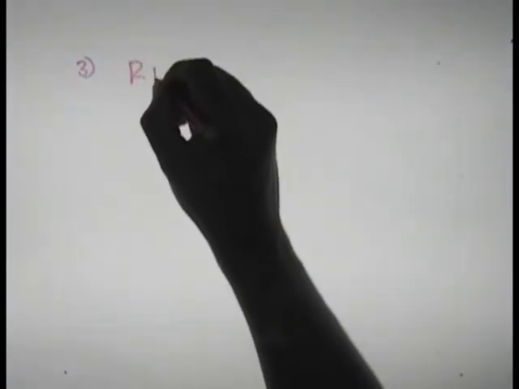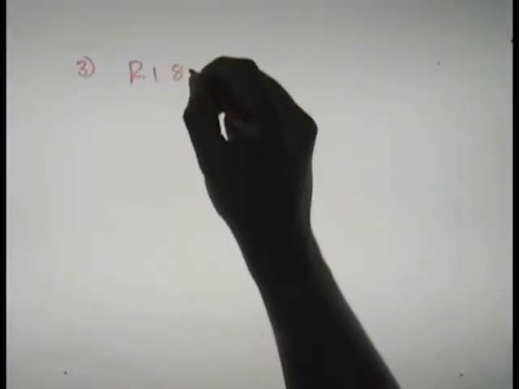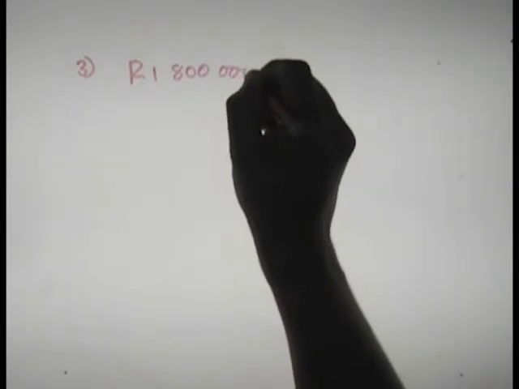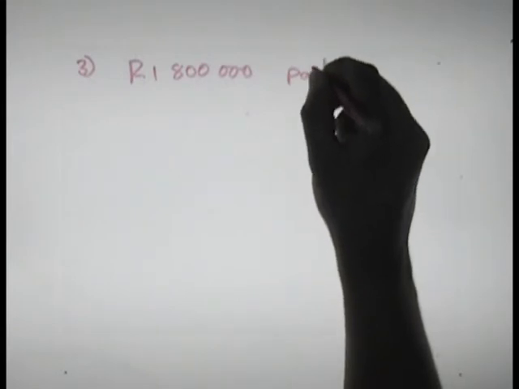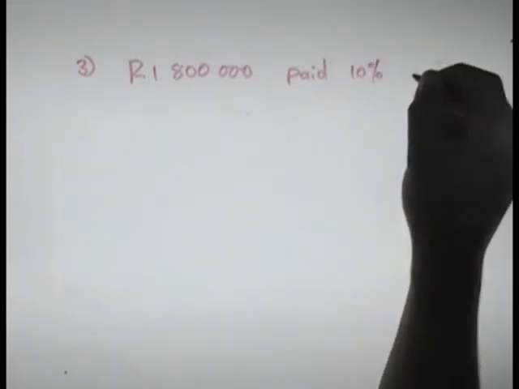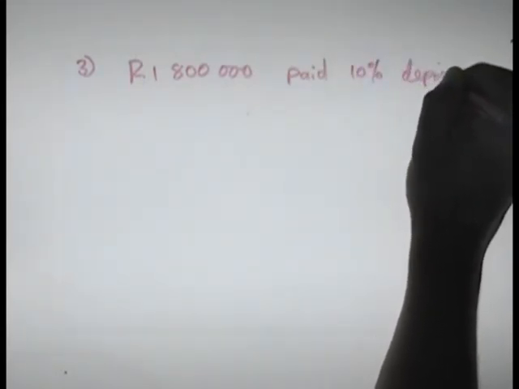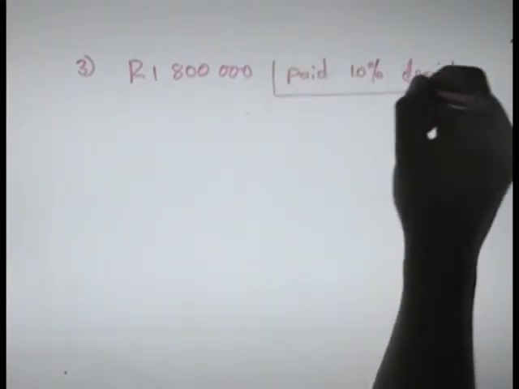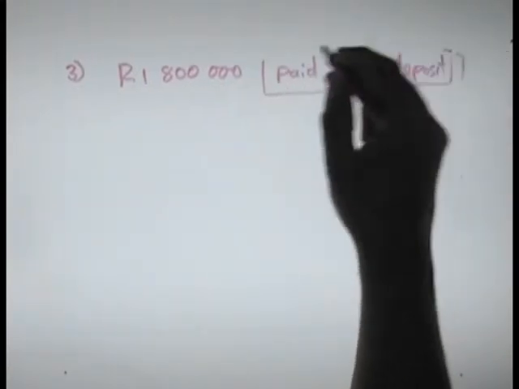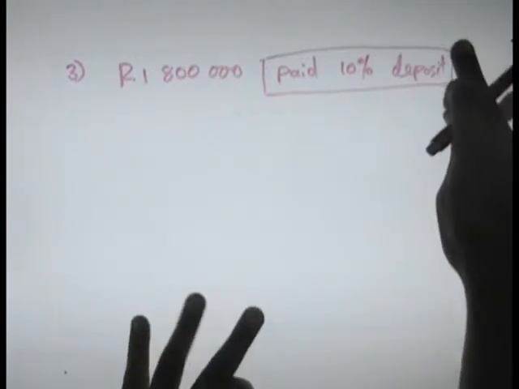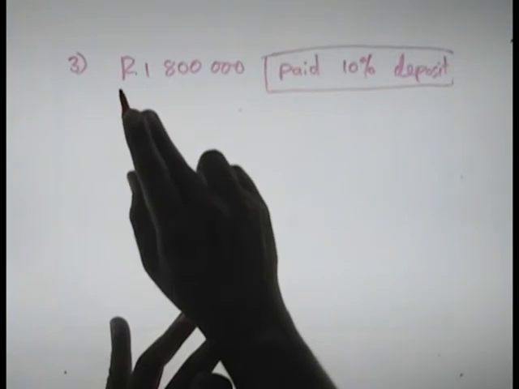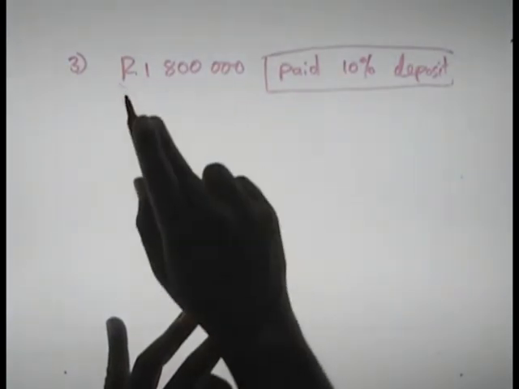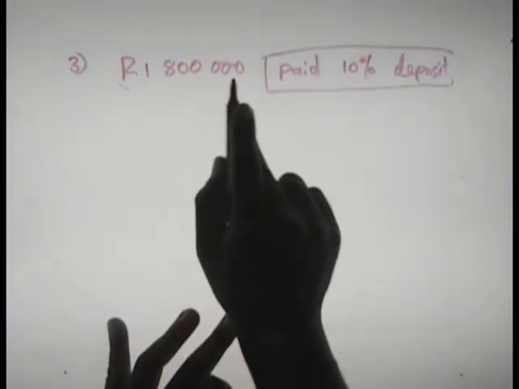The house costs 1,800,000, but we paid a 10% deposit. Keep this in mind: the loan we are going to take out from the bank is not the full 1,800,000.